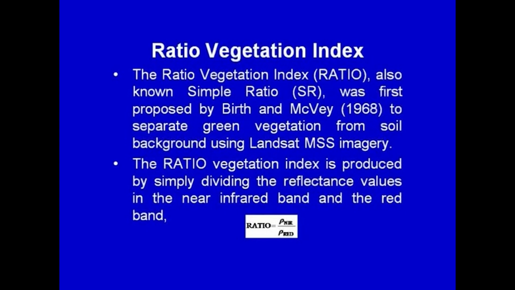The ratio vegetation index is produced by simply dividing the reflectance values in the near infrared band by the red band. Below is the representation of the same in mathematical form, where ratio is equal to the ratio of the spectral reflectance in the near infrared to the spectral reflectance in the red band of the electromagnetic spectrum.